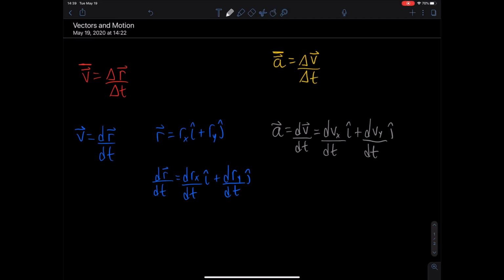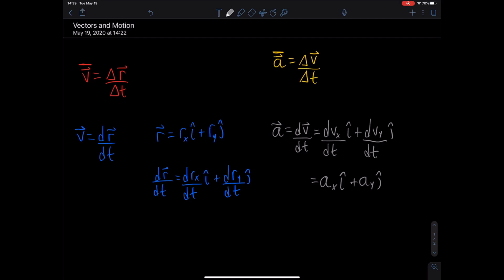And we can extend this one a little bit. The derivative of the velocity in the x direction is just going to give us the acceleration in the x direction times i hat. And similarly, the derivative of the velocity in the y direction is just the acceleration in the y direction, and of course, times the unit vector j hat.